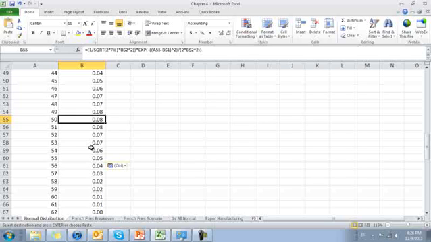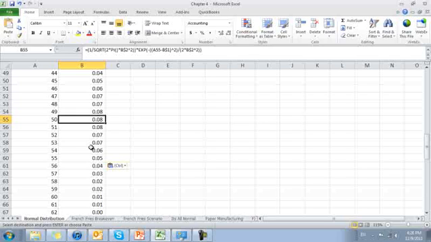Why? Well, this is the probability of a continuous distribution. It's saying the probability of finding exactly 50 given this mean of 50 and standard deviation of 5 is 0.08. There's a chance that it has that 50.01, and that would probably also be pretty close to 0.08.